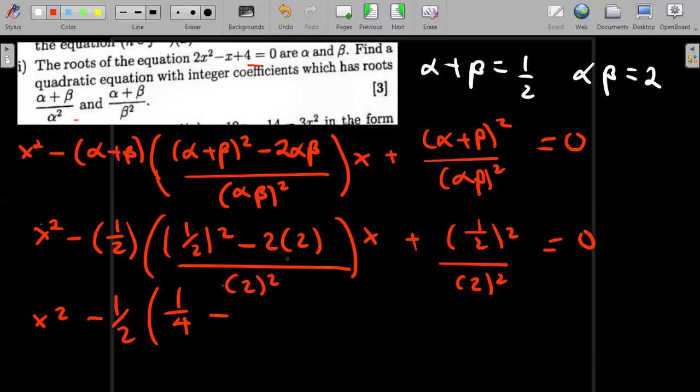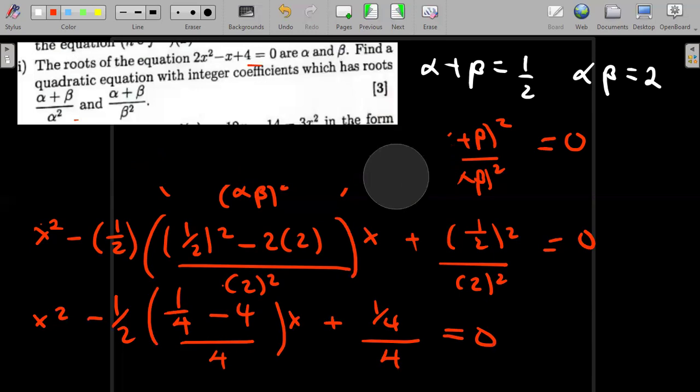Then minus 2 by 2 is going to be 4, then divided by 2 squared, which is also 4. And I get this x, then plus, when I square a half I get 1 over 4, then square 2 I get 4, and this is equal to 0. Then I can continue working this out.